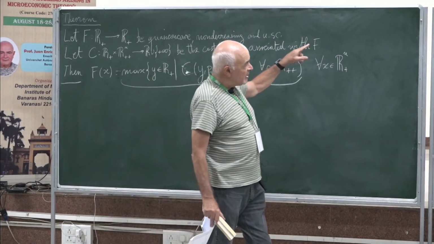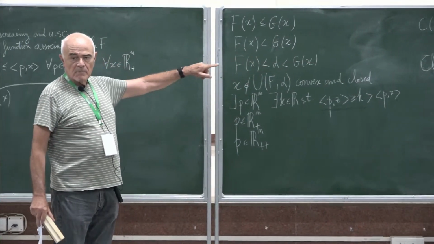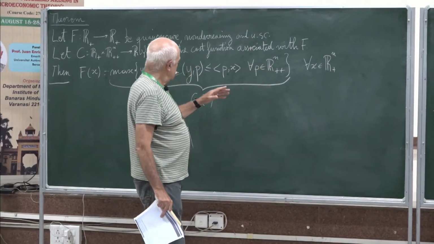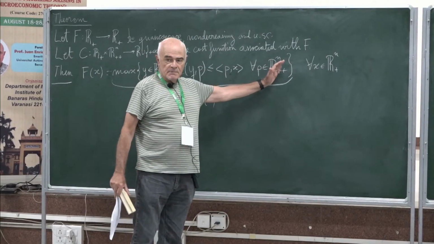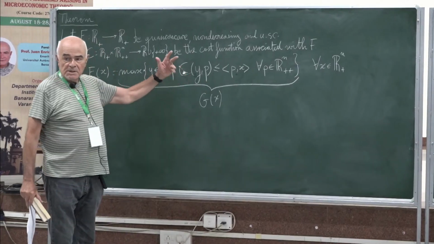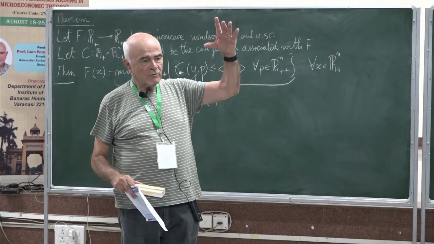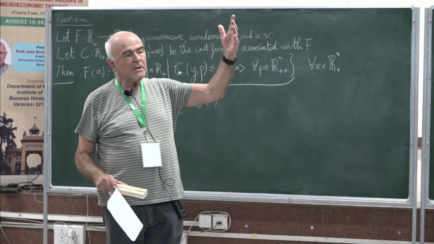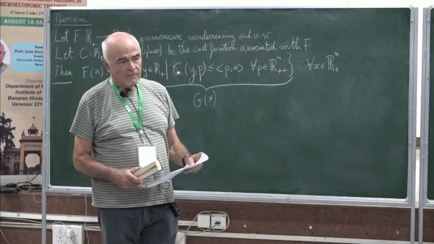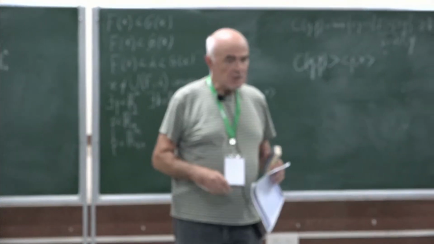It is not satisfied by that particular P. Okay, so this y is not in this set. And we know that this set we discussed yesterday is a closed interval, 0 to f of x. So this means that this y is strictly larger than the endpoint of the interval, which is f of x.